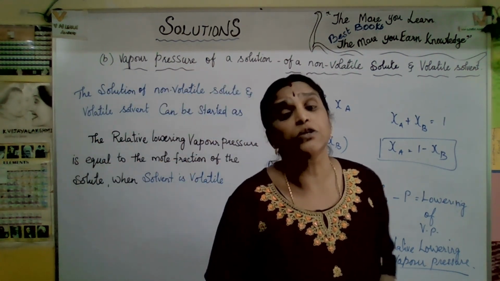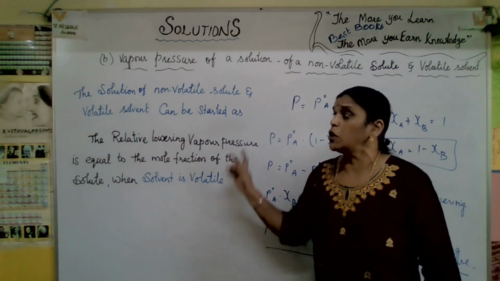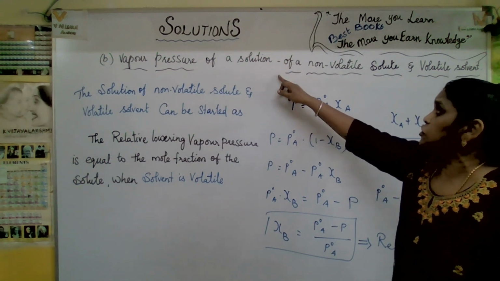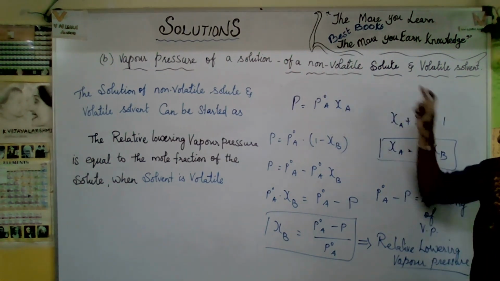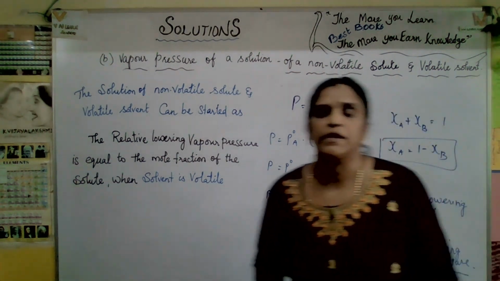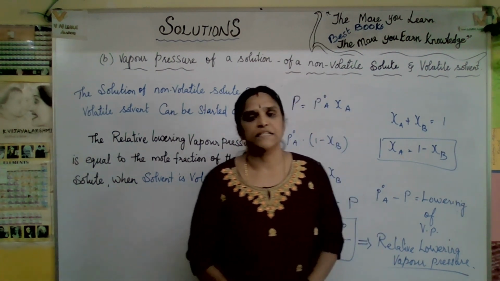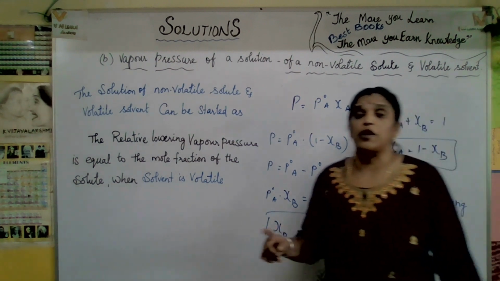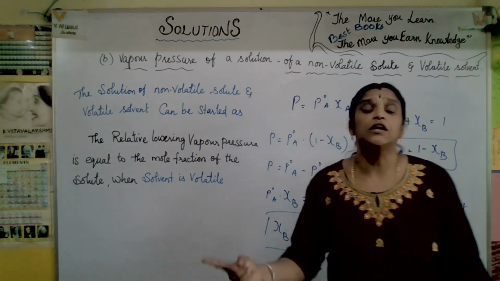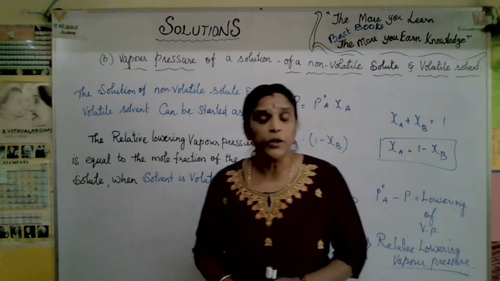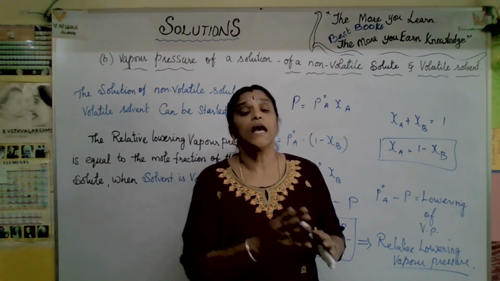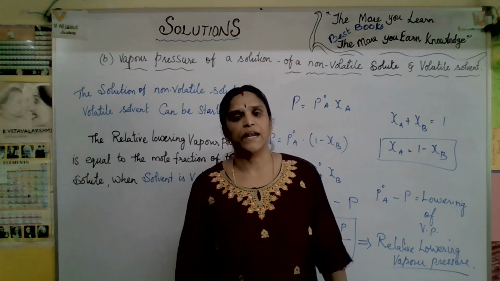This they will also be asking in the board exam: how can you prove the vapor pressure of a solution of a non-volatile solute and volatile solvent? That is the way they may ask the question. Hope you got an idea. Now let us go to ideal and non-ideal solutions, because from Raoult's law only we classify ideal and non-ideal solutions. You have already learnt about ideal gas. In the same way, the ideal solution is one that obeys Raoult's law, and the one that does not obey Raoult's law is a non-ideal solution.